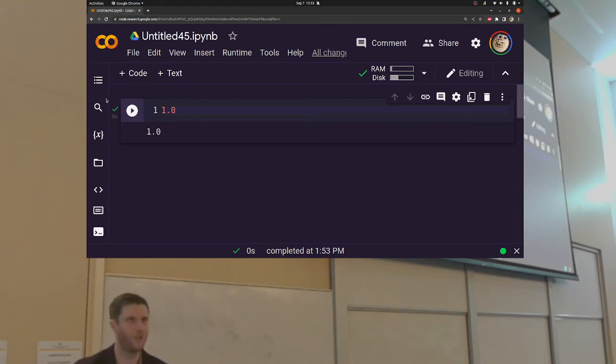So the string 1, the integer 1, and the floating point number 1.0 all look the same, but they actually are of different types. All of the values we will ever use in any of our programs have a type.